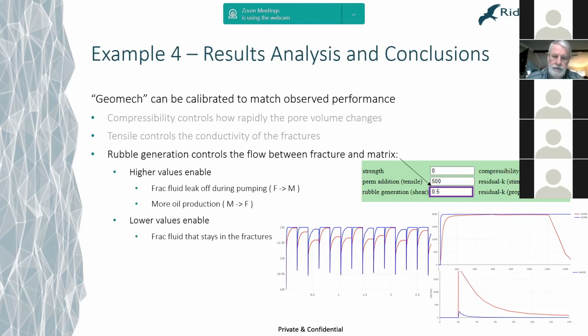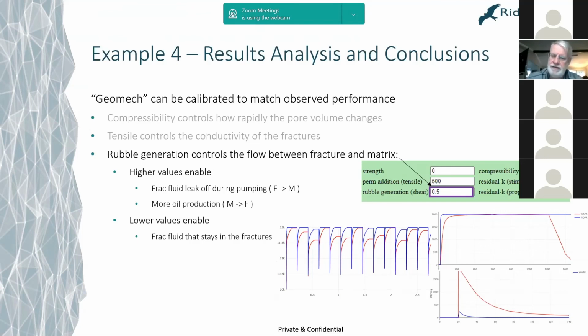So this controls the effectiveness of the matrix fracture interface in terms of how to move fluid from the fracture to the matrix and then back from the matrix to the fracture. So the propagation of the fractures is a balancing act between these three parameters, essentially.